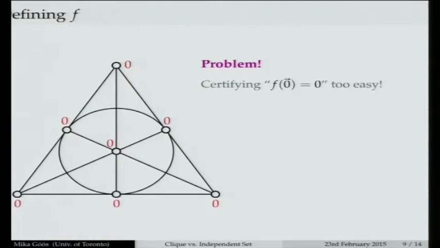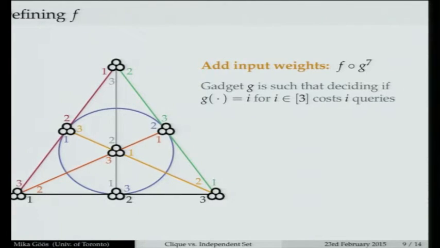Okay. So the solution to this problem is I'm going to add weights to the inputs. So now, if you want to find out where a particular node is pointing to, you need to spend more than one query for it. So each pointer value is now encoded with a group of 3 variables in this case.